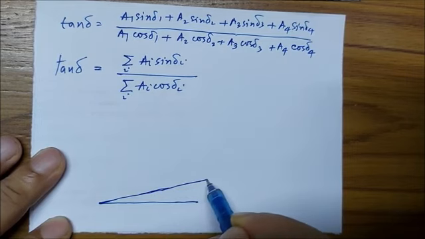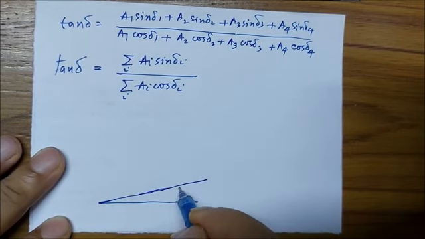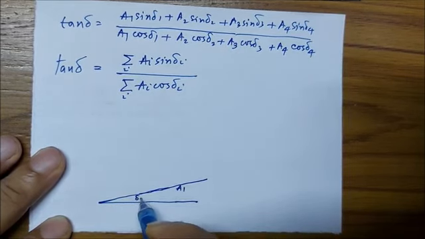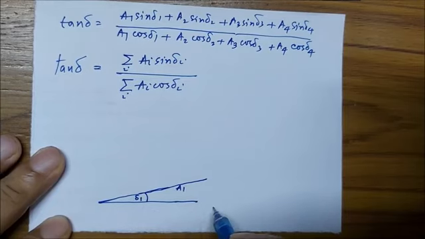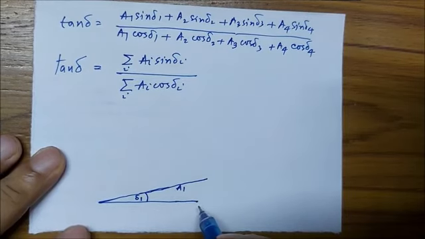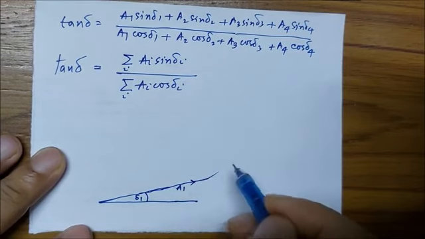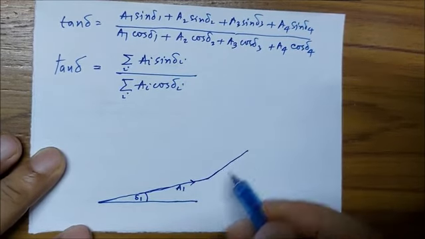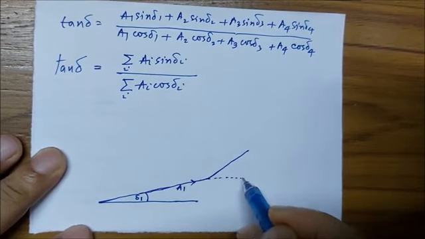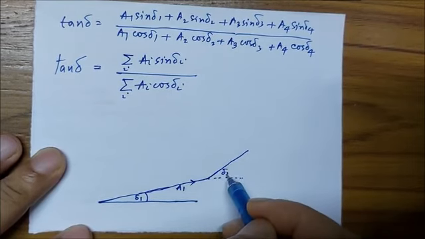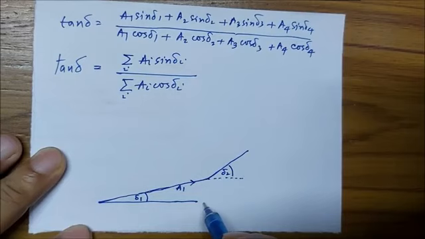Let us draw A1. So this is A1 at an angle delta 1 with omega t plus 0 line. Now let us draw A2, which makes angle delta 2 with omega t line.